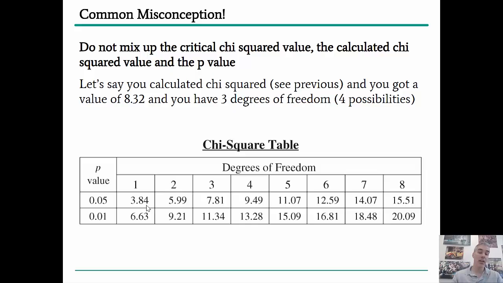Values greater than the critical value correspond with low p-values. So large chi-squared values correspond to lower p-values. Lower chi-squared values correspond to higher p-values, okay? And remember, lower p-values are better if we're trying to determine if there's a statistical difference from what we'd actually expect.